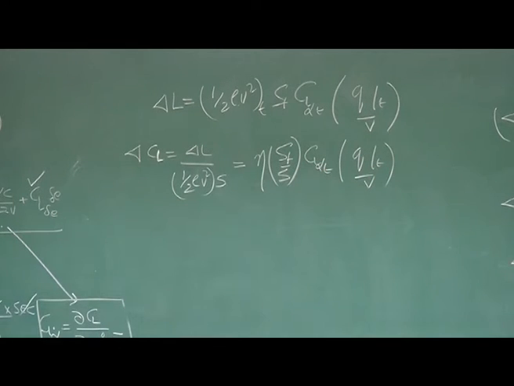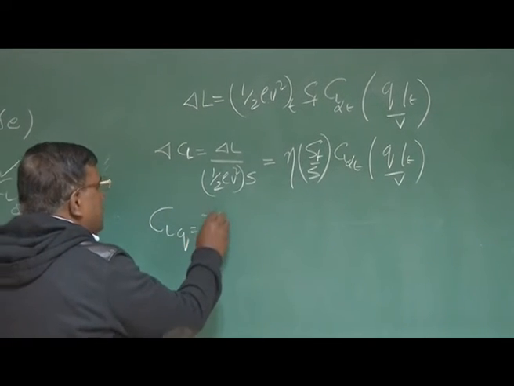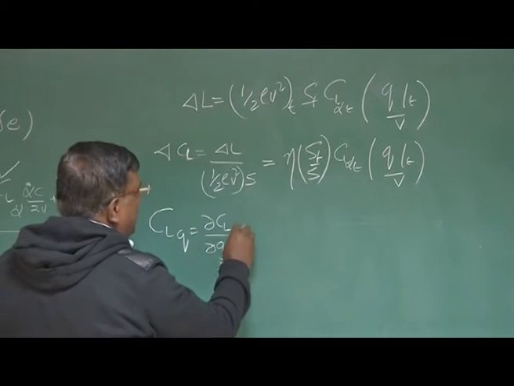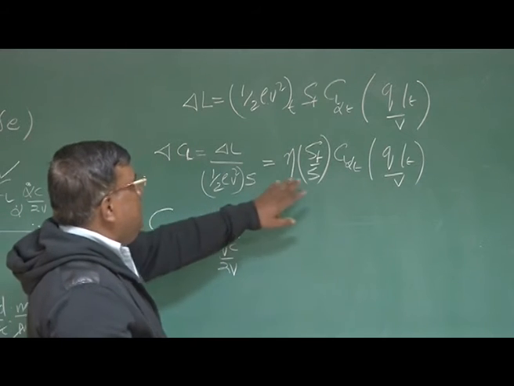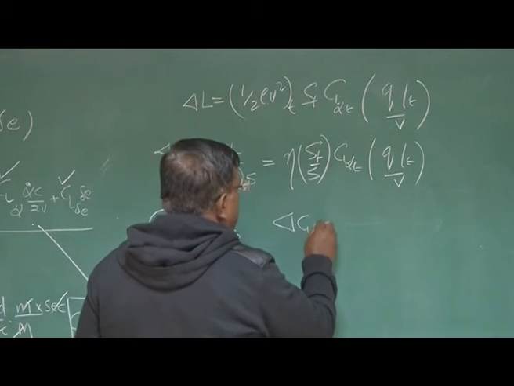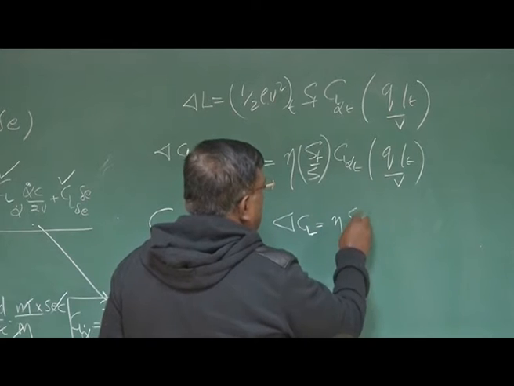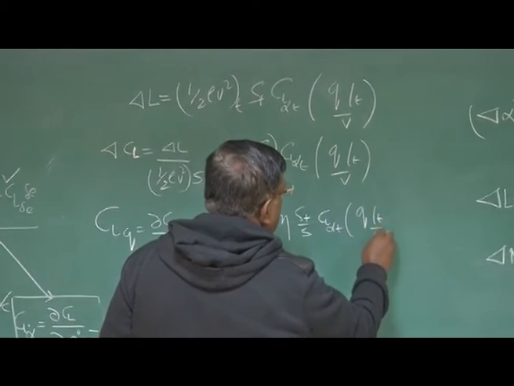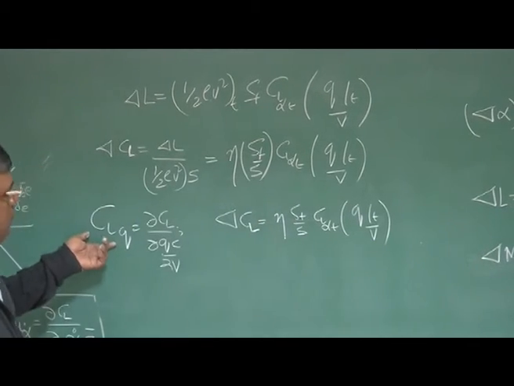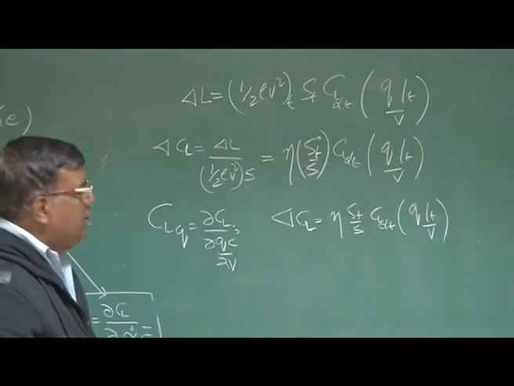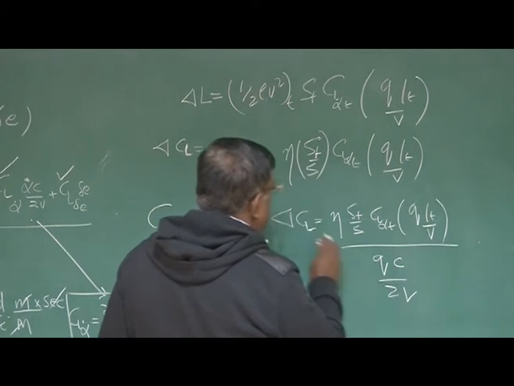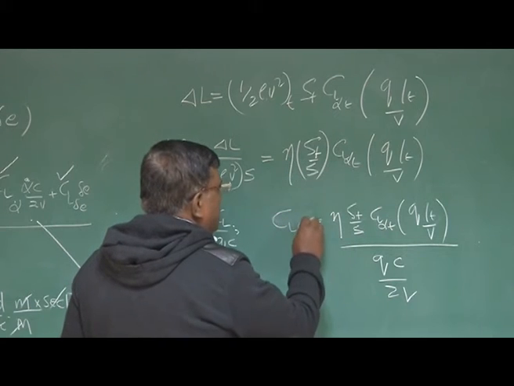What is our aim? We want to find out the expression for CLQ. What is the definition of CLQ? It is dCL by d of QC by 2V. So from here, let me write this, delta CL equal to eta ST by S CL alpha tail Q LT by V. If I want to find CLQ, because it's linear, I can divide this by QC by 2V, and on the left hand side I will get CLQ as per the definition.